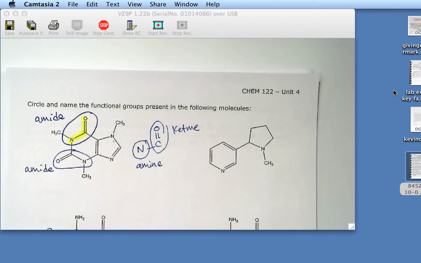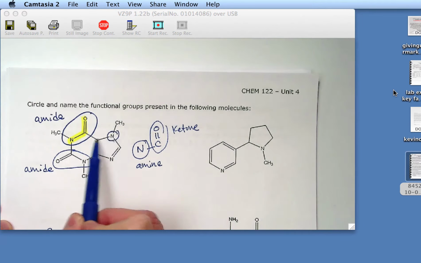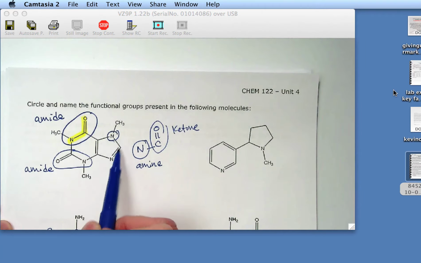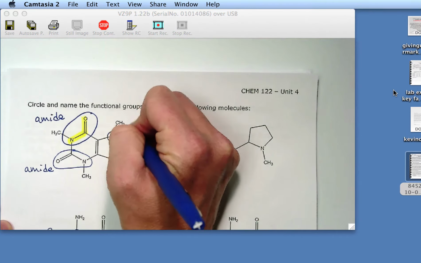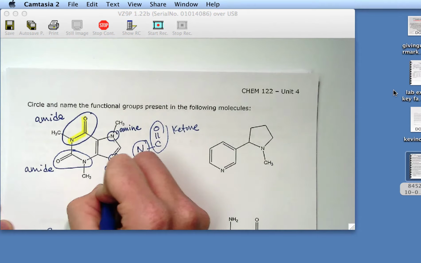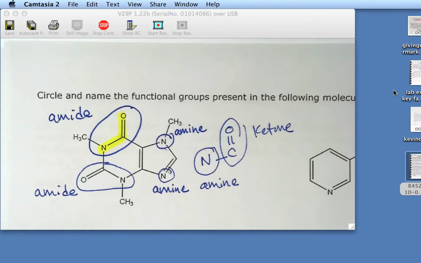If you have anything that's not a carbon, then that will influence what your functional group is. So these two, they're just nitrogens connected to carbons. These are both amines. Questions on that one?